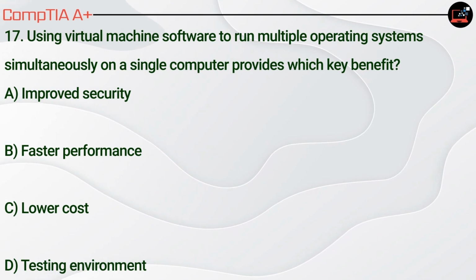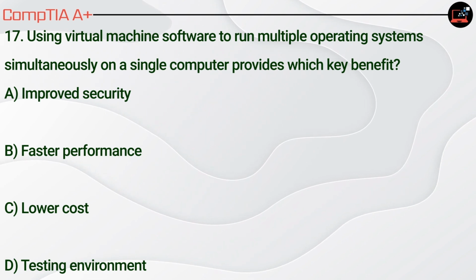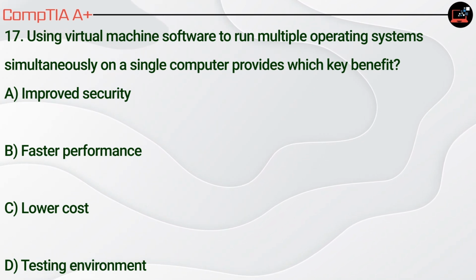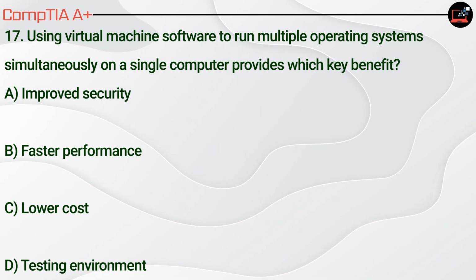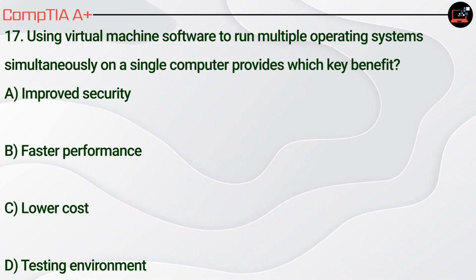(17) Using virtual machine software to run multiple operating systems simultaneously on a single computer provides which key benefit? A. Improved security. B. Faster performance. C. Lower cost. D. Testing environment.